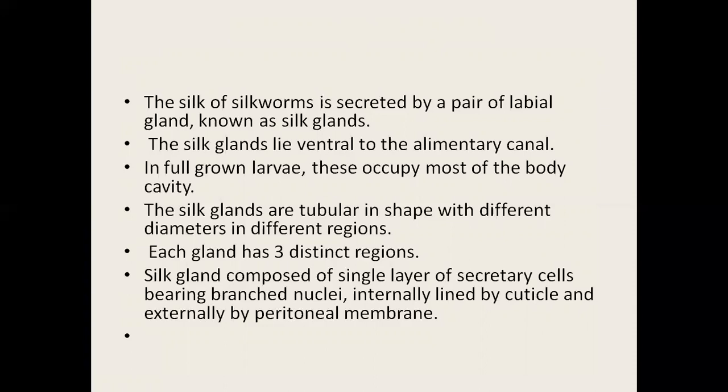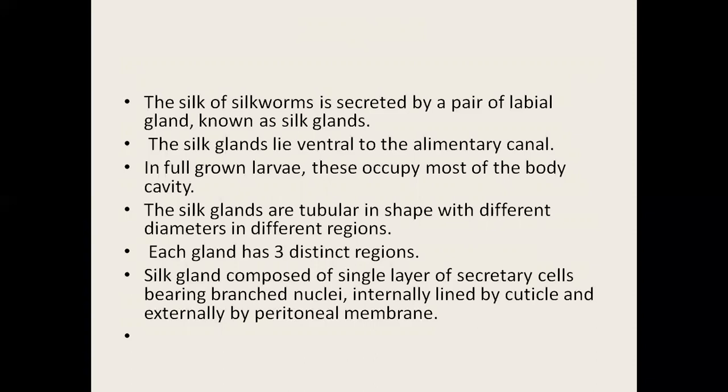The silk glands are tubular in shape with different diameters in different regions. It has three distinct regions: posterior region, middle region, and anterior region. The silk gland is composed of a single layer of secretory cells bearing branched nuclei, internally lined by cuticle and externally by peritoneal membrane.